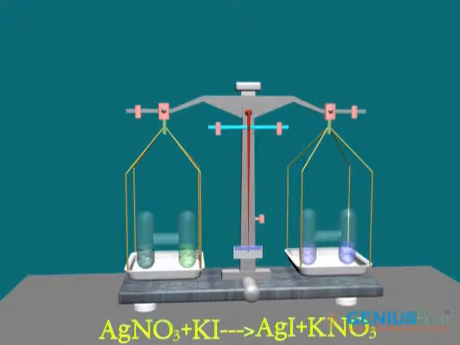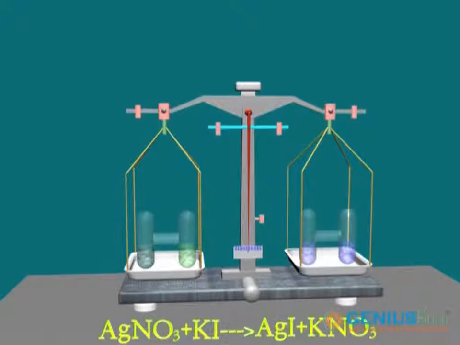Even though the reaction is taking place between the silver nitrate and potassium iodide, this particular jar has the same mass as that of the previous one. From this, what we can conclude is, whether the reaction takes place between the silver nitrate and potassium iodide or not, the weight of these two jars is the same before the reaction and after the reaction.